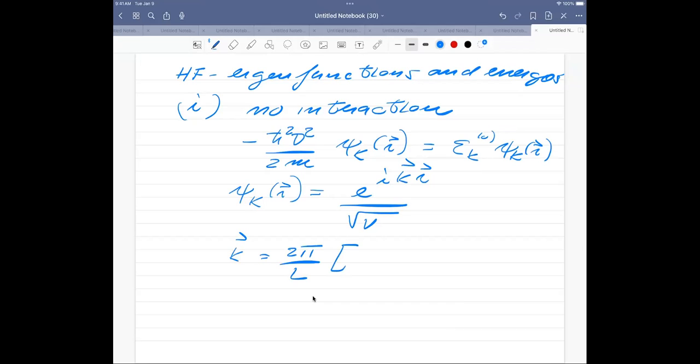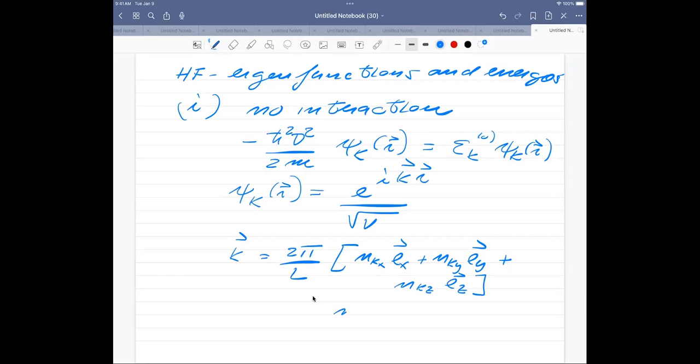This contains some quantum numbers, which we just call n_kx, multiplied with a unit vector in the x direction, plus n_ky with a unit vector in the y direction, plus n_kz for the unit vector in the z direction.